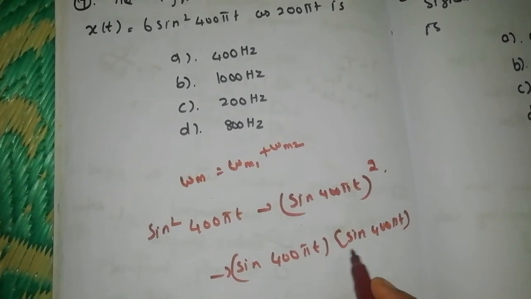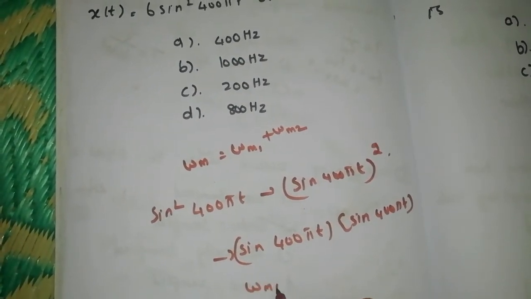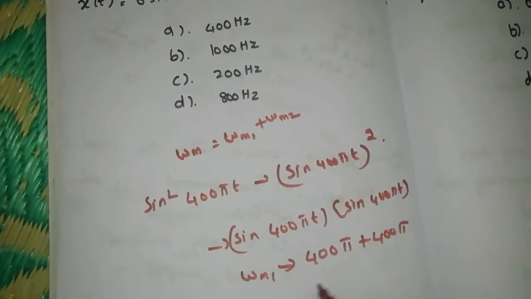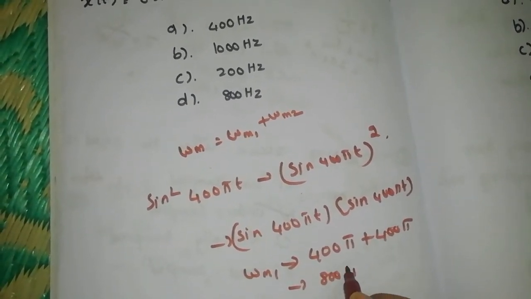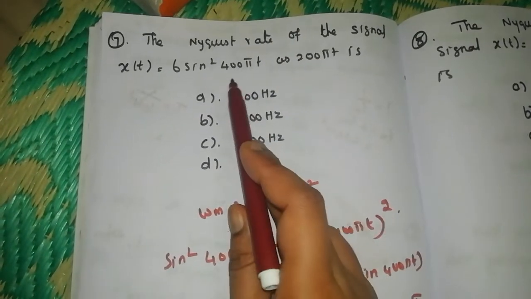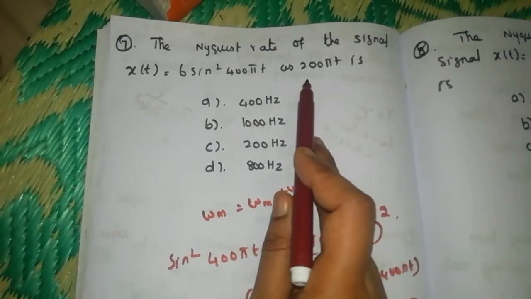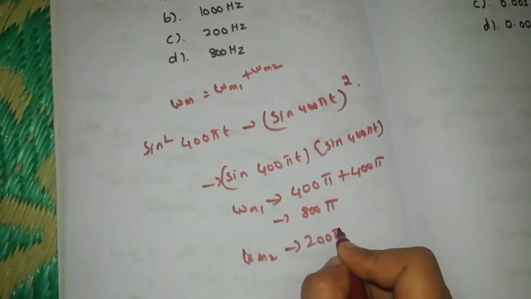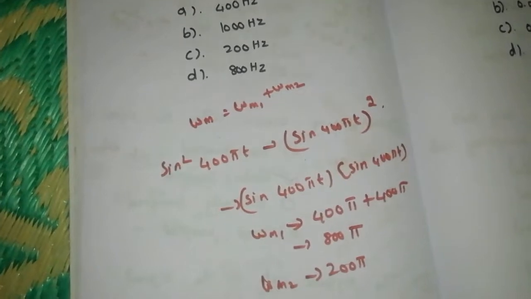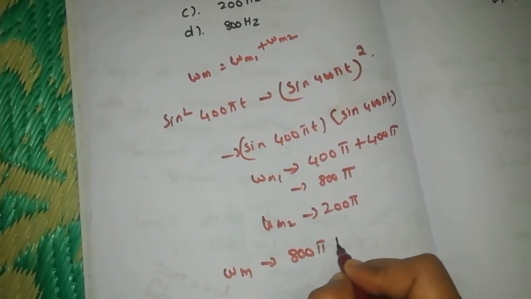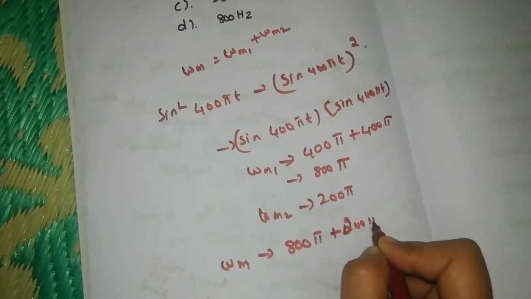So now this is also a multiplication, so we get this term's highest frequency as 400 pi plus 400 pi, so we will get 800 pi. This is the highest frequency of the first term, and the next term is cos 200 pi, so omega m2 is 200 pi. So we will get the maximum frequency as 800 pi plus 200 pi.